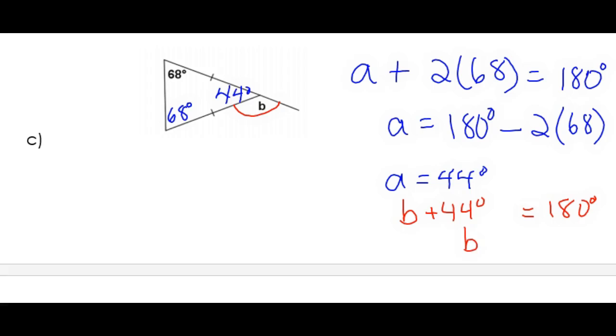But really what I'm saying is, angle B will be the difference between the whole straight angle and the 44 degrees. So 180 minus 40 gives me 140. I'm going to take away 4 more, and that's going to give me 136 degrees. And so now I have the value of B. I've solved that problem.